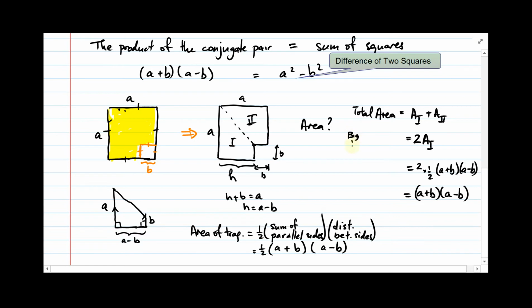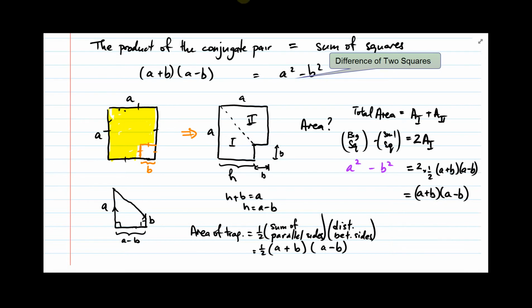So big square minus a small square. What do I get when I do that? The big square is a squared. The small square is b squared. So I end up really getting exactly what.